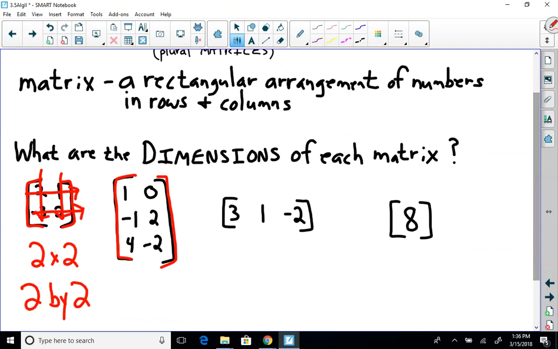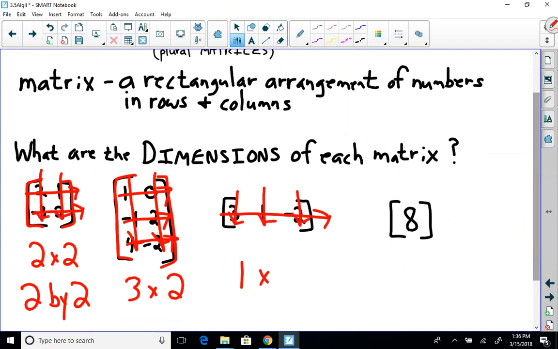In the second matrix here, we have 3 rows, 2 columns. Therefore, it's a 3 by 2 matrix. In the third example, we have 1 row and 3 columns, making it a 1 by 3 matrix.